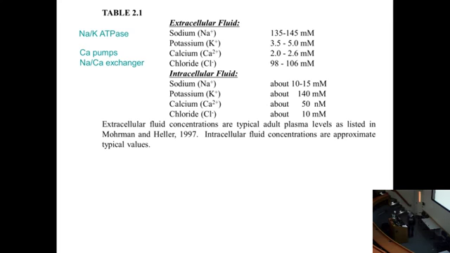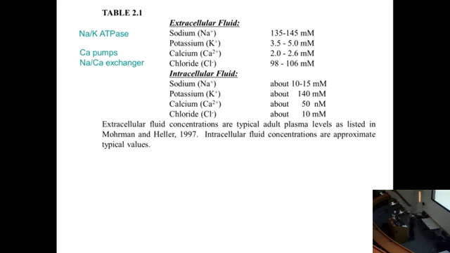The sodium-potassium ATPase maintains this gradient for sodium and potassium across the membrane, and that gradient is used to pump calcium out of the cell through the sodium-calcium exchanger. Sodium goes down its gradient from high concentration to low concentration, from outside to inside, and as that happens, calcium is transported out of the cell, up its gradient, and into the extracellular space, okay?